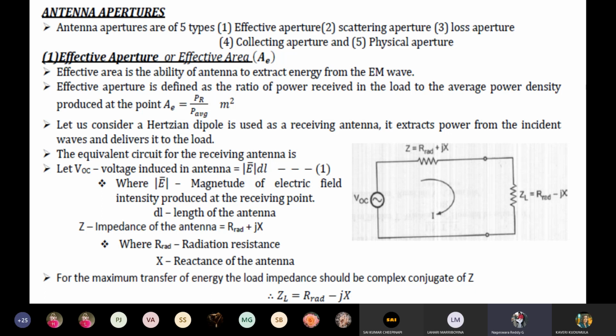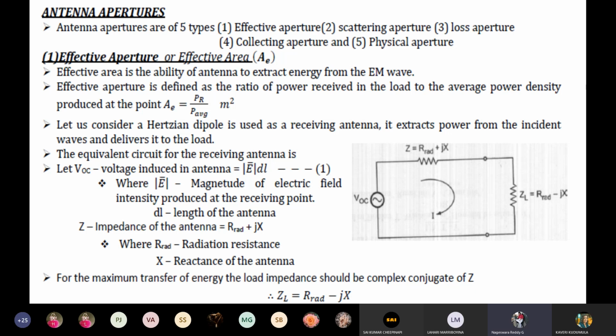V is equal to EL. We are taking dL as a small amount of length, where E is the magnitude of electric field intensity produced at that receiving point and dL is the length of the antenna. Z is the impedance of the antenna, that is radiation resistance R_rad plus jX.